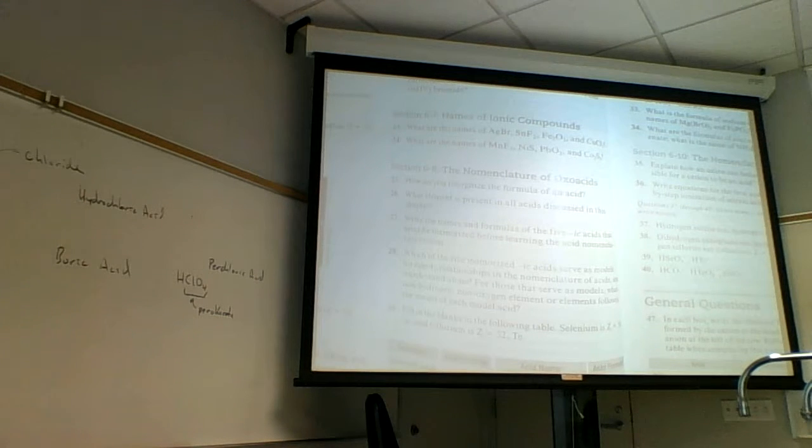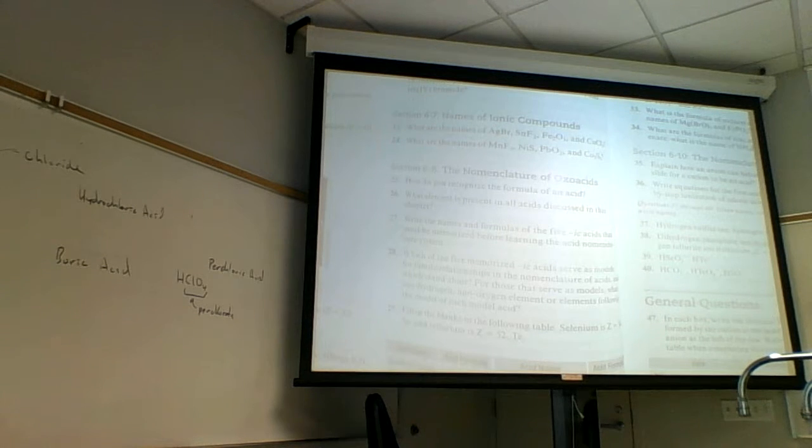So if we have an anion that ends in -ous, then we call it -ous acid. Or no, sorry, not -ous. Anions don't end in -ous. Anions end in -ide, -ate, or -ite.